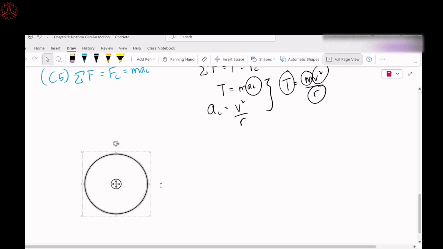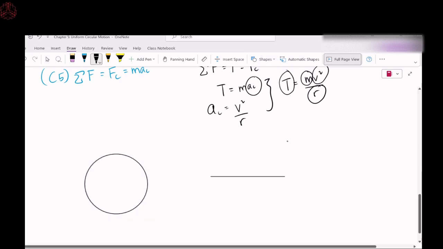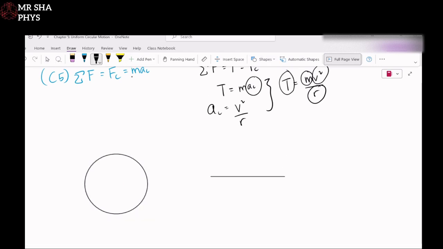You can also have a side view of the car. So here's my car from the top view.